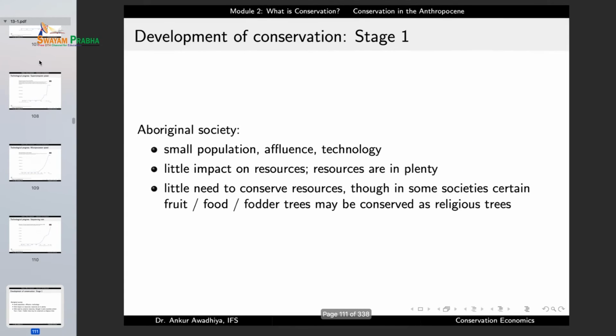And when all these three are increasing, we are putting a lot of impact on the environment, which is why we need to stop and think. Because earlier, if we look at our societies, the population was low, affluence was low, technology was low, and that was the period when we could have used as many resources as we wanted.